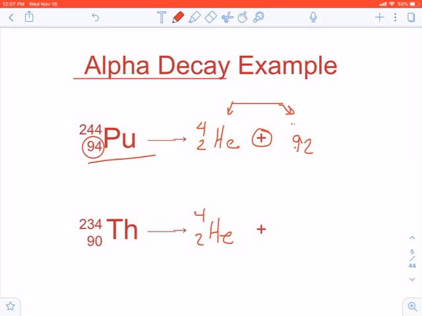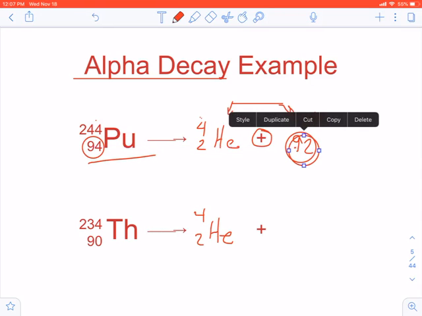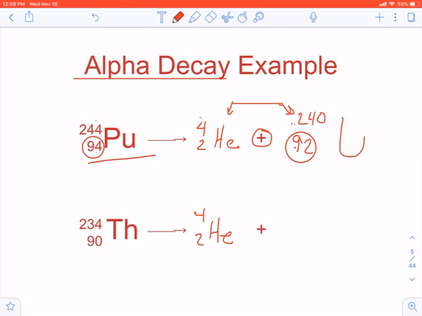What plus 4 gets me 244? That's 240. Now, remember, I look at the atomic number, not the mass number, because depending on the averages, it could be different. I go up to the periodic table, all the way down at the bottom, and I see 92 is uranium. So this would be uranium-240.